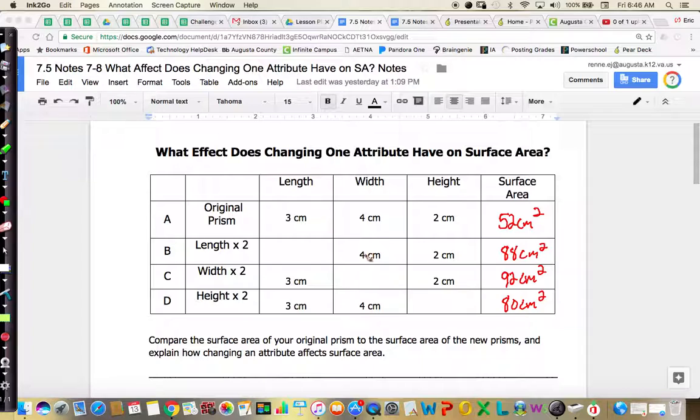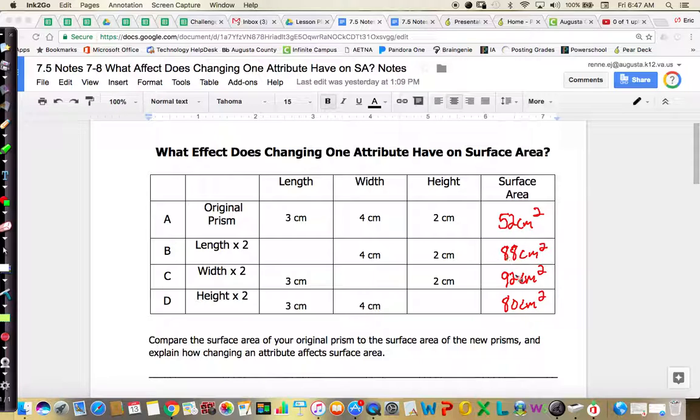So let's look at this for a second. When we learned about volume, we said that if you double one of the attributes, which we did in B, we doubled one in C, and we doubled one in D, that the volume would double. But does surface area double? And the answer is no, because if I doubled 52, I would get 104.